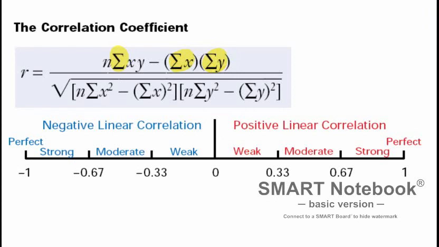Here on the bottom of the formula, you can see we're trying to find the sum of x squared. We have to find the sum of x, but then square it. And then similarly, we have to find the sum of y squared, and then finally the sum of y, and then square it.